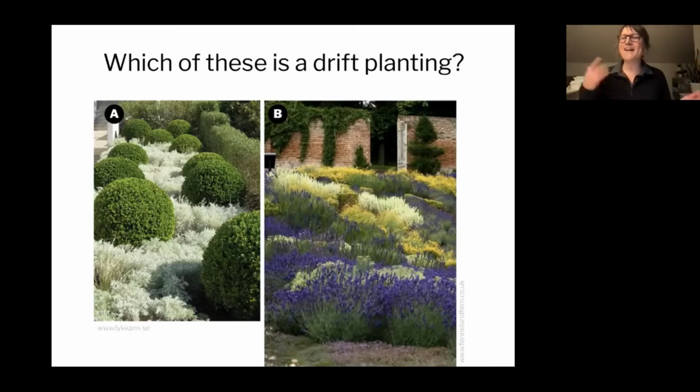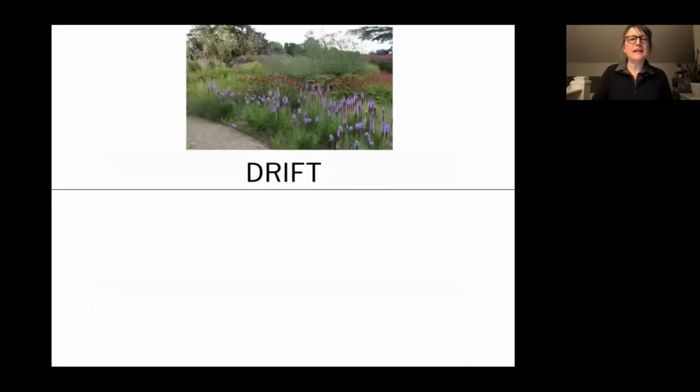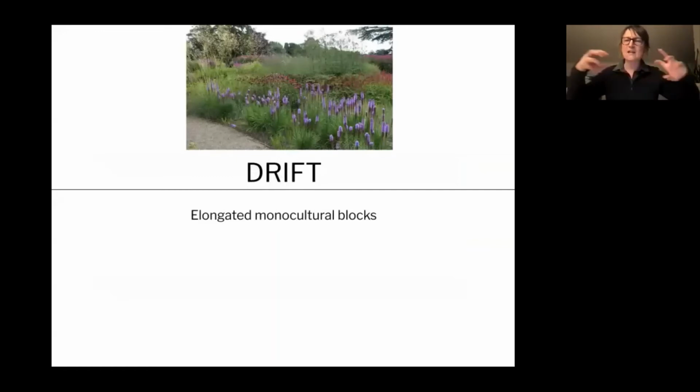So this is where, you know, nothing's ever clear cut, and really it's your opinion in the end. B is more kind of where I'm going for with the drift planting. And drift planting, like I mentioned, is basically taking those blocks and then elongating them, those planting groups.